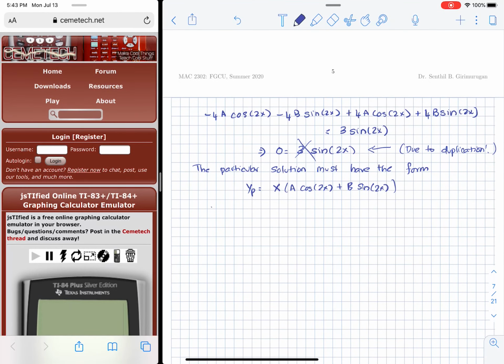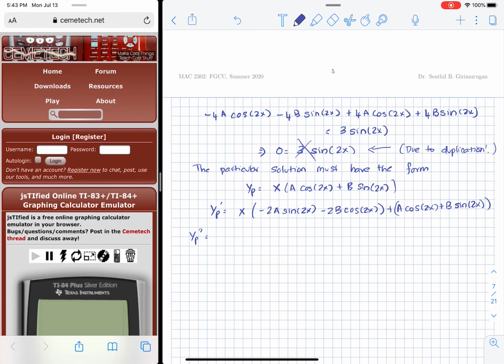So yp prime now would be x times minus 2a sine 2x minus 2b cosine 2x plus a cosine 2x plus b sine 2x multiplied by 1.